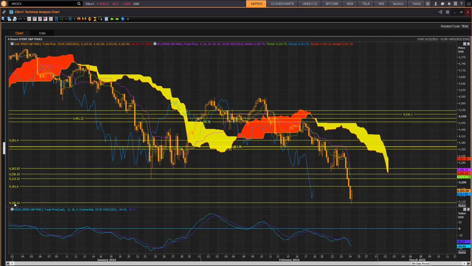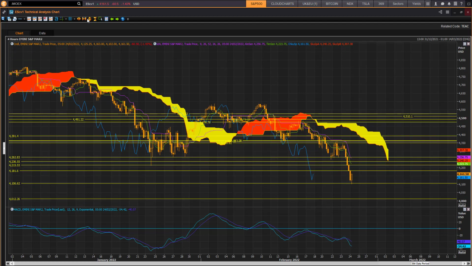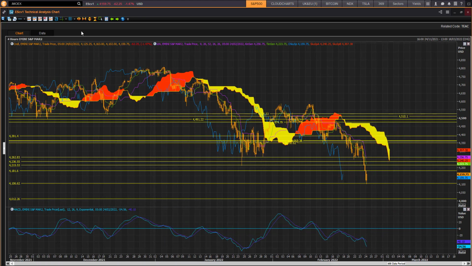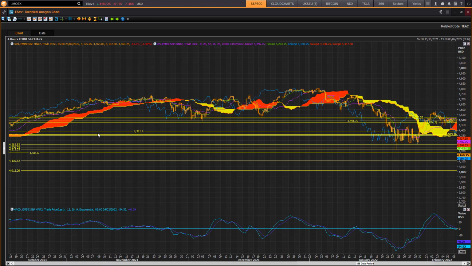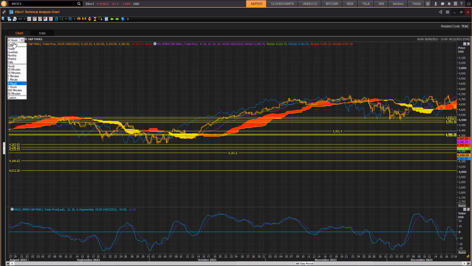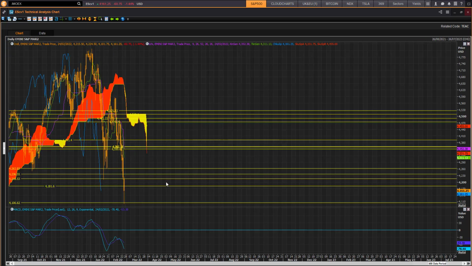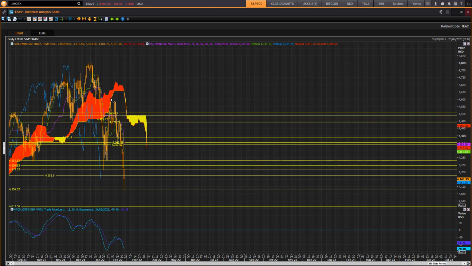If support fails at this 4,106 zone, let's go and take a look where the next zone is below that. Hold on. We can go back to the daily to find that level.